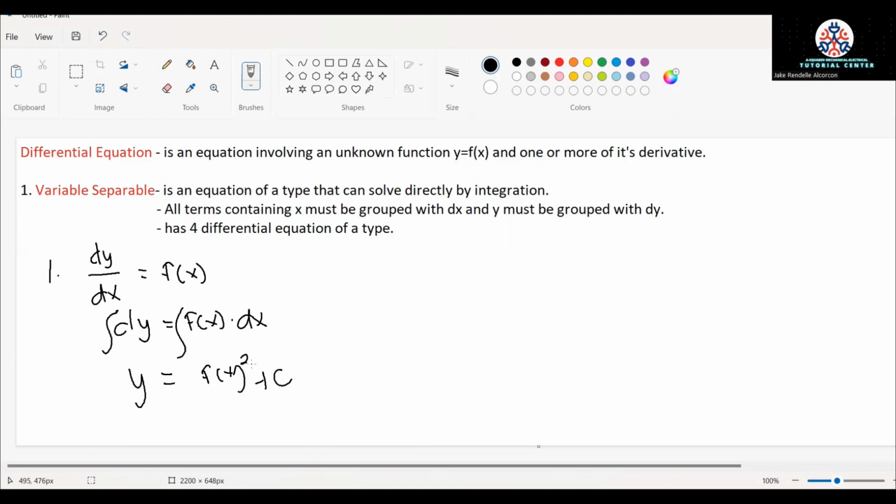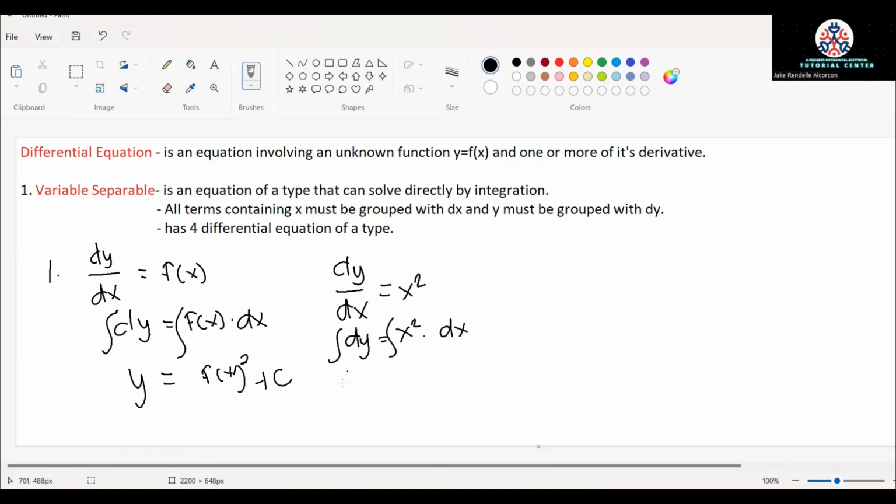Another example, let's add a value: dy over dx is equivalent to x squared. Therefore, dy equals x squared times dx. After grouping the x with dx and y with dy, we can integrate both sides.